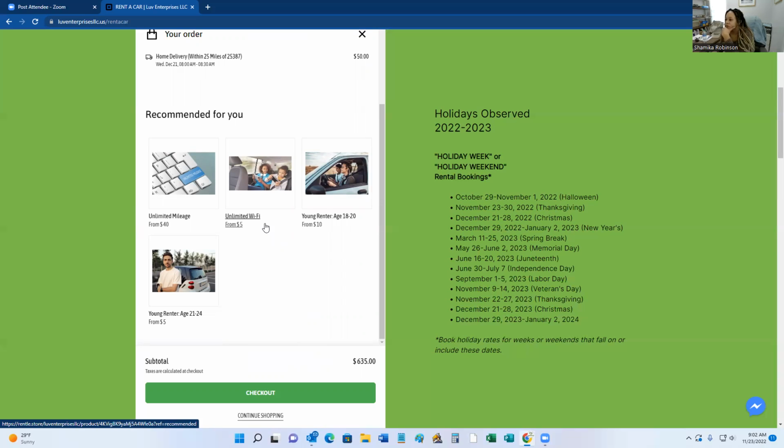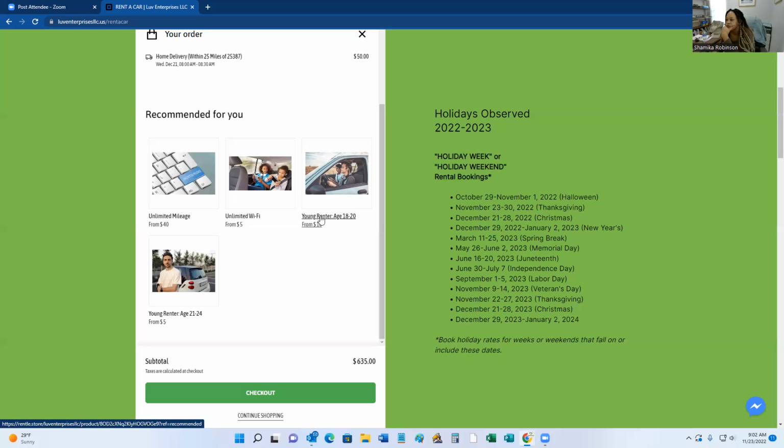Now you also have young renter 18 to 20. You're paying $10 more a day, even less if you keep it longer, right? As I've stated before, it always is cheaper the longer you keep it. And definitely if you are between the ages of 18 and 20, you want to click this, because if I'm processing your background and I'm doing your driver vetting or whatever, and I see that you're between 18 and 20, I'm going to go ahead and add the rest and invoice you for it, right?